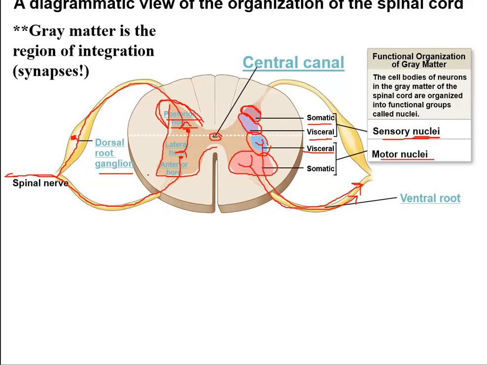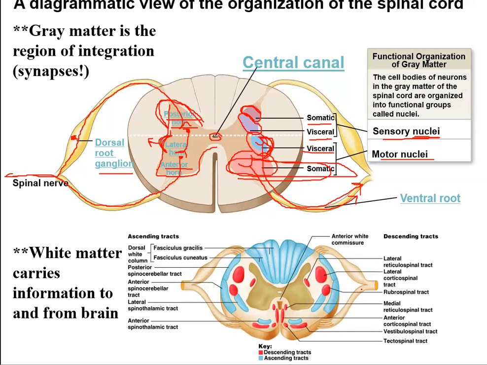In the bottom tip or the front tip of the butterfly wing, we can call that the anterior horn. And that is where, for the most part, the somatic motor nuclei are located. And then this little bump in the middle, which corresponds to the visceral motor nuclei, is called the lateral horn, because it's sticking out in the lateral direction.